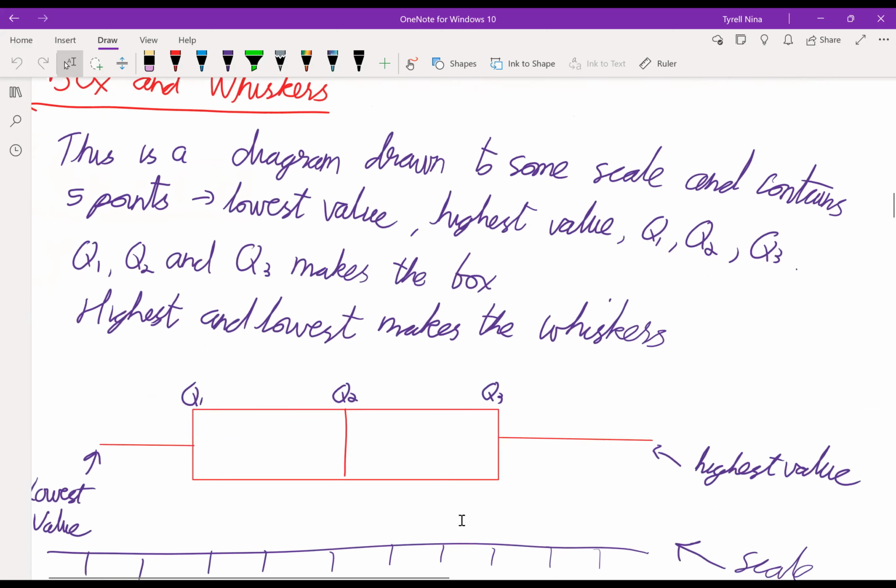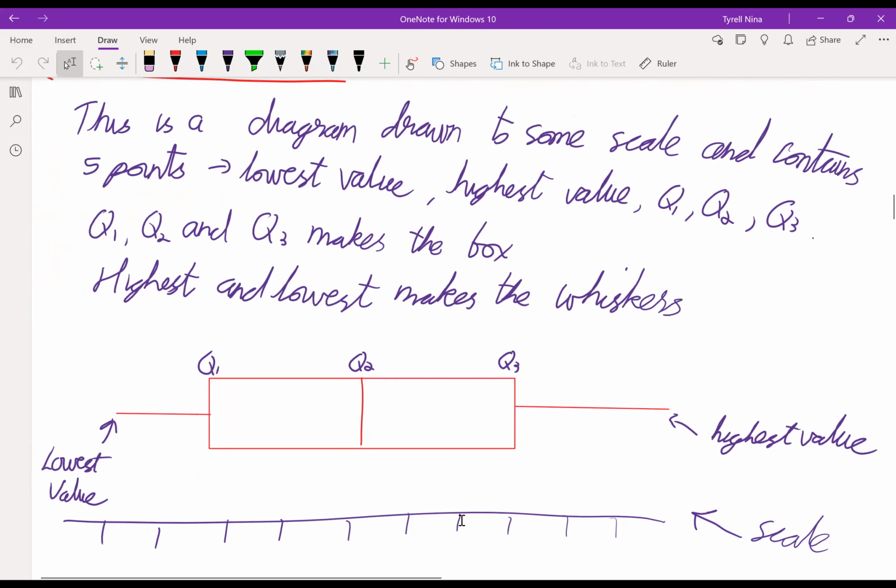Right. So it looks something like this, right? You have our lowest value, Q1, Q2, Q3, our highest value, and some sort of scale.